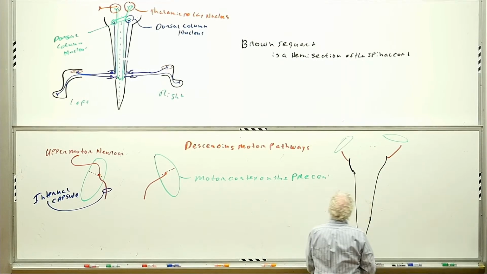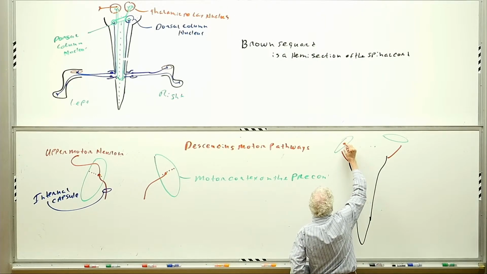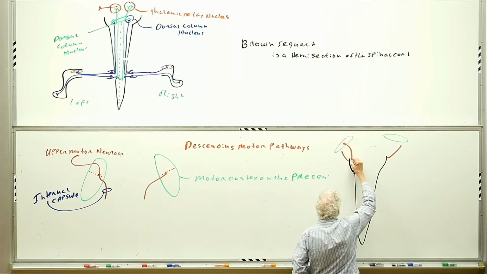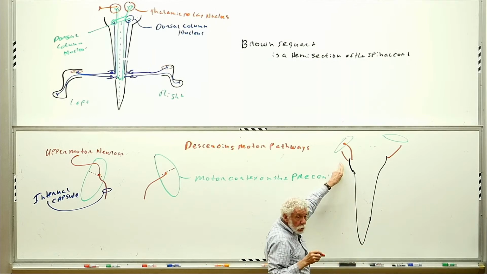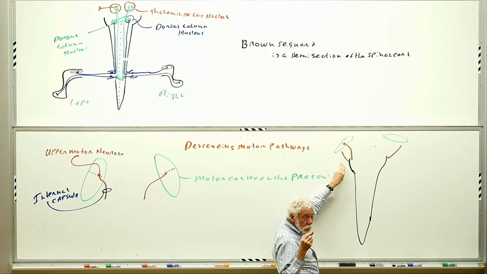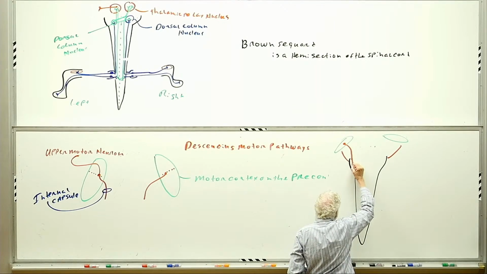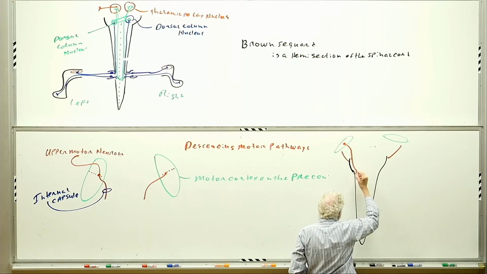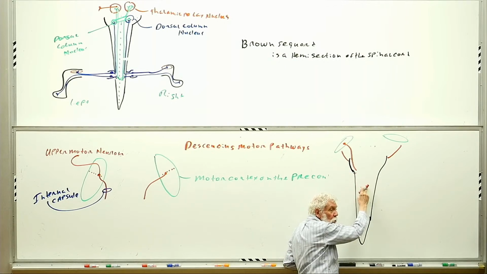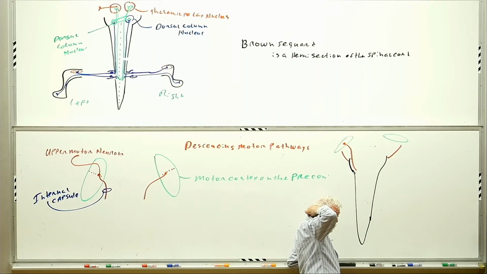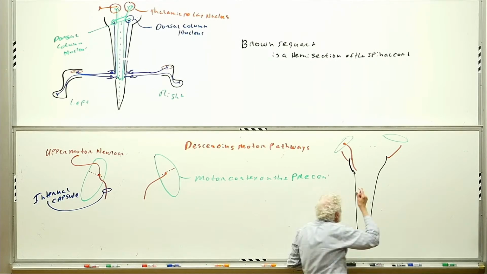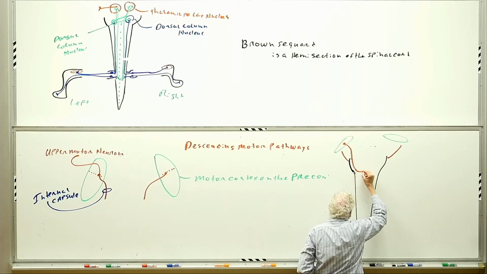The upper motor neuron sends its process out into the internal capsule. These axons will skirt around the thalamus. They don't go through the thalamus, they go around the thalamus. And they come down into the brainstem. And just at the point where the brainstem is about ready to fuse with the spinal cord, right above your first cervical vertebrae, right in something called the medulla oblongata, this neuron will cross over the midline.